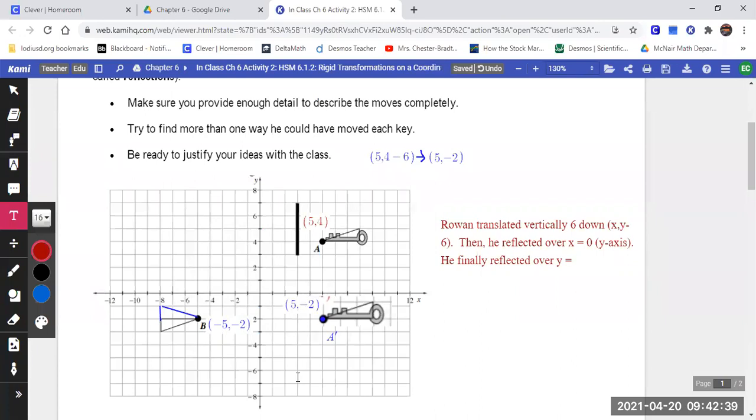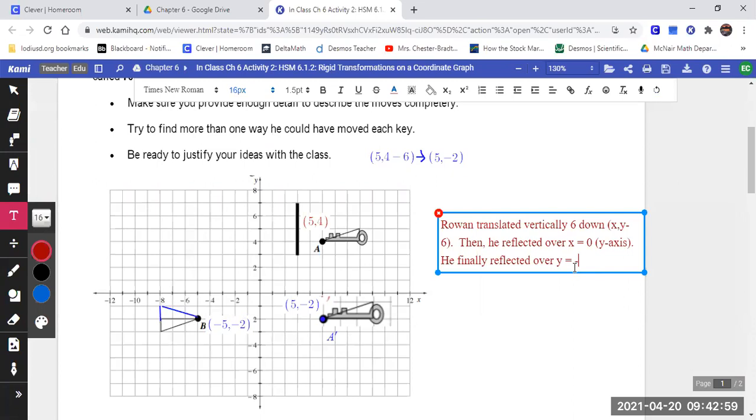What Y value would I be folding in half over? What's our Y at our spot? Because that's where we're folding it, right? Okay, so how would we say that? Y equals -2. That tells the person that we folded it where the Y was -2.